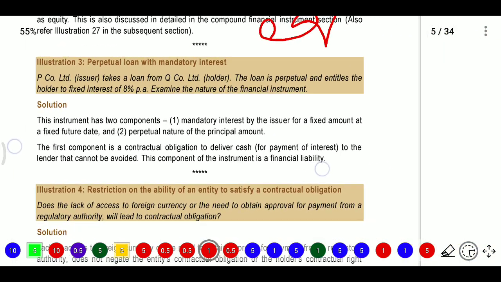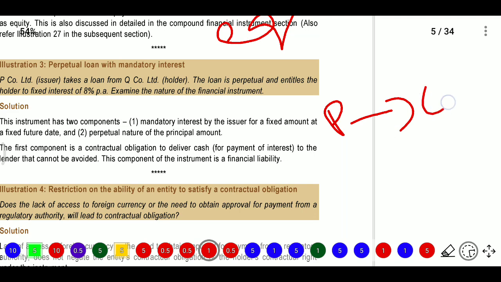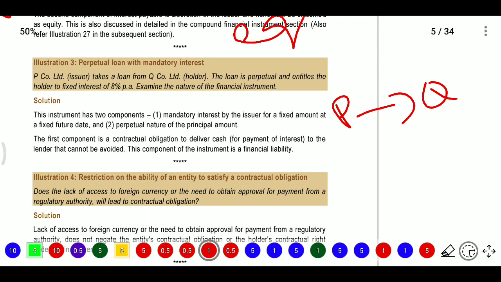Next, another one, question number three. P Company is there and Q Company is there, and P has taken a loan. The loan is perpetual and entitles the holder to fixed interest of 8%.